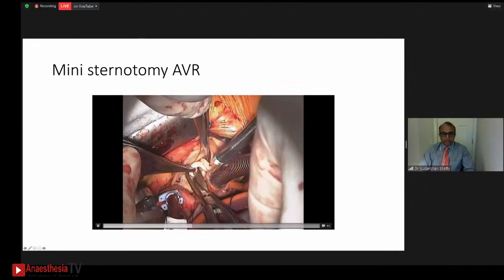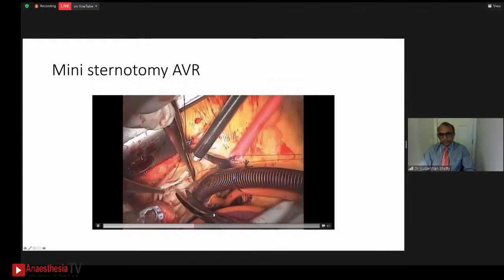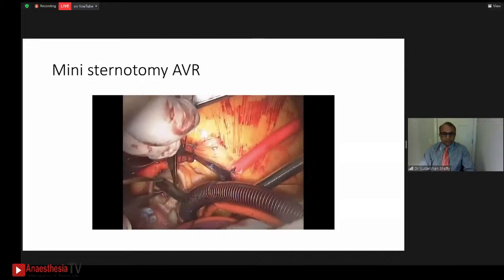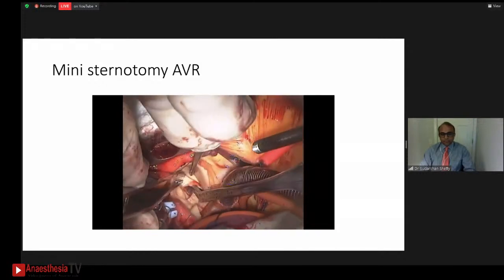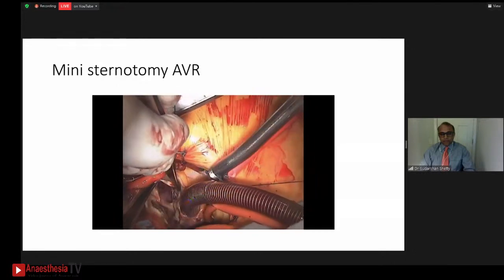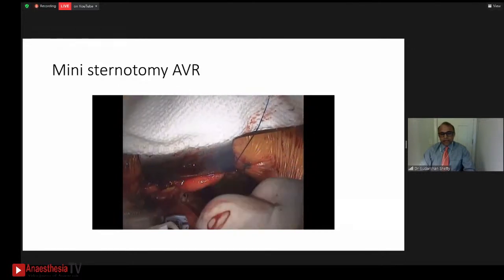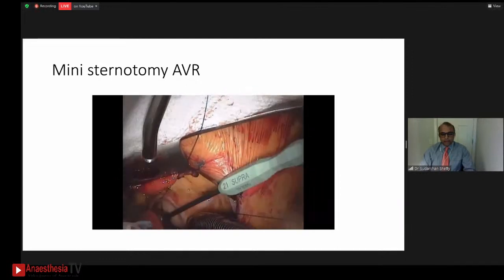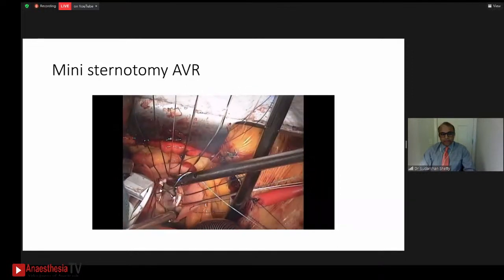That's the aortic valve coming out. He's going to start measuring the annulus there, using different sizers for the aortic valve.